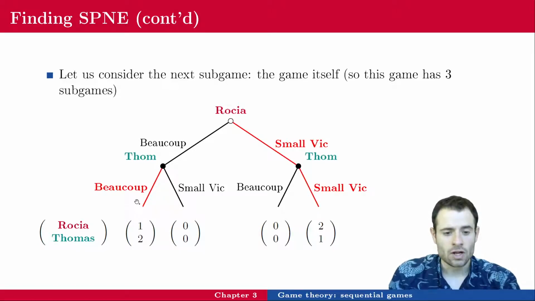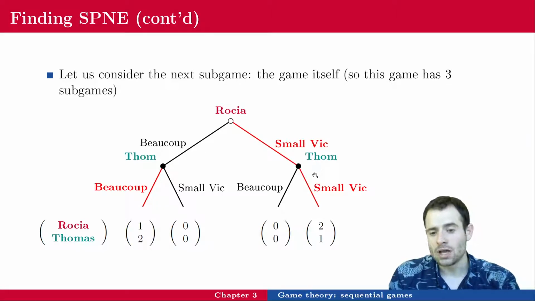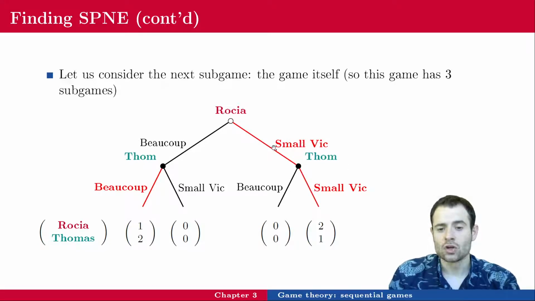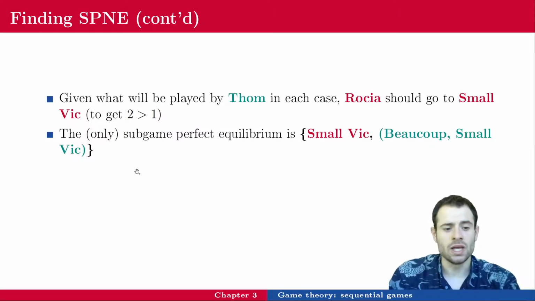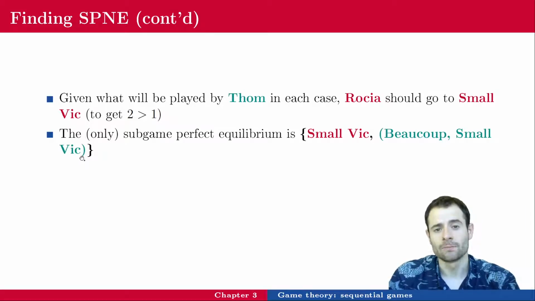So here Tom is going to play beaucoup if she goes to beaucoup, and he's going to play small victory if she goes to small victory. The final equilibrium will be small victory for Rosia and beaucoup, small victory for Tom, which corresponds to beaucoup if she goes to beaucoup, small victory if she goes to small victory.